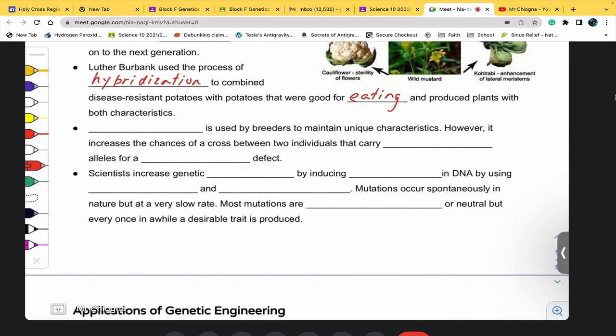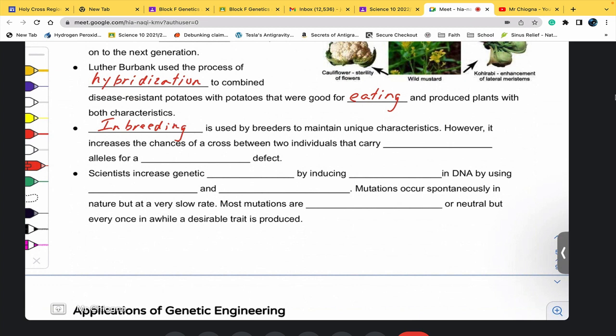Inbreeding, I'm sure you've heard of this. Inbreeding is used, it's actually helpful in some cases. Inbreeding is used by breeders to maintain unique characteristics.